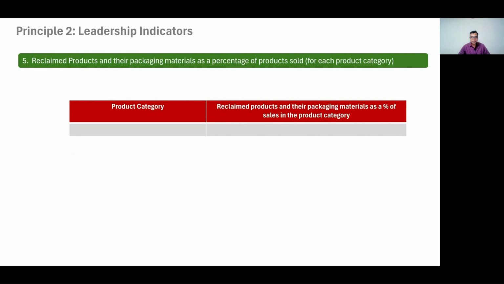And again, it is very difficult to categorize it for each product category. So most of the companies have either left it blank or they have not given any clear answer for this.